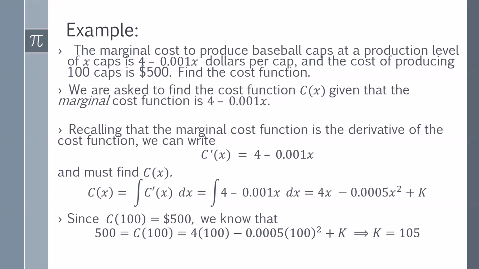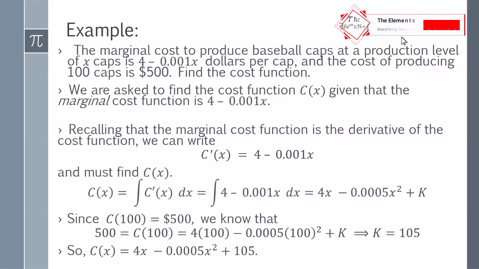So 500, which is equal to c of 100, is equal to 4 times 100 minus 0.0005 times 100 squared plus k. And if we solve that, k is equal to 105. And so our cost function, at the end of the day, is going to be 4x minus 0.0005 x squared plus 105.